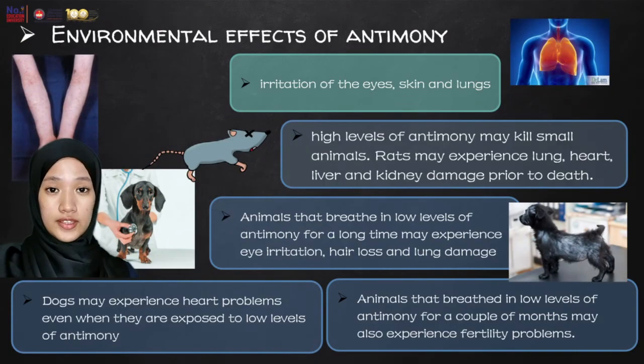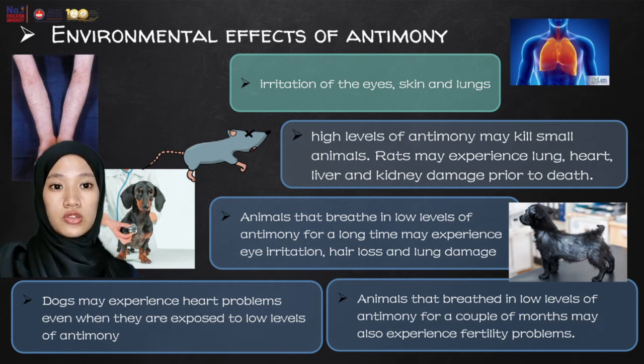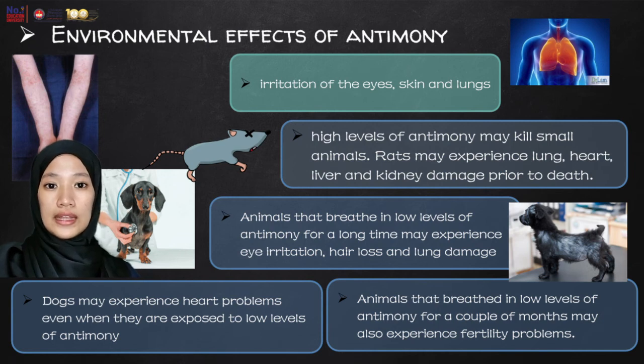Environmental effects of antimony can cause irritation of the eyes, skin, and lungs in humans. As the exposure continues, more serious health effects may occur, such as lung disease, heart problems, diarrhea, severe vomiting, and stomach ulcers. High levels of antimony may kill small animals, such as rats, which may experience lung, heart, liver, and kidney damage.